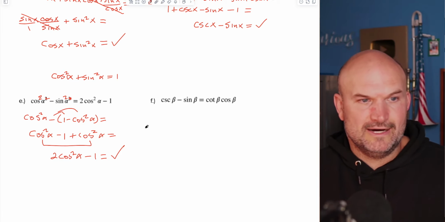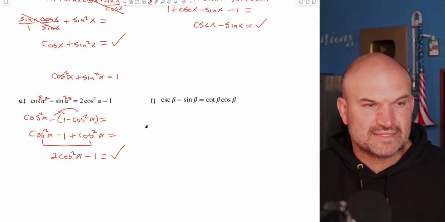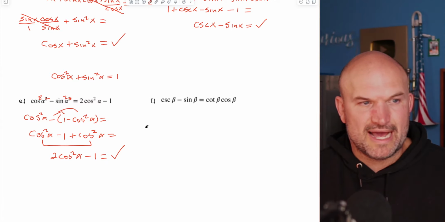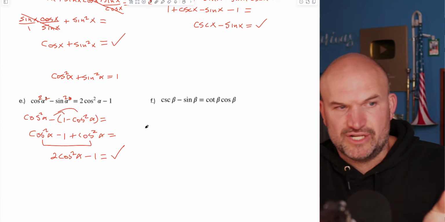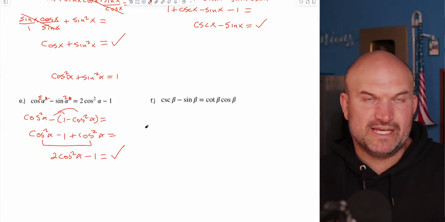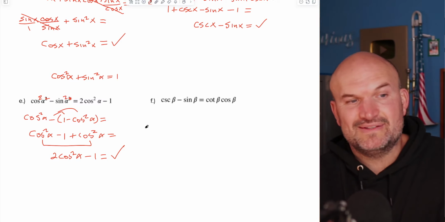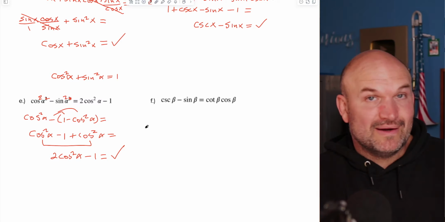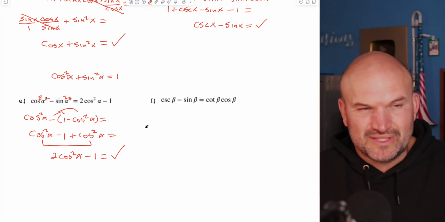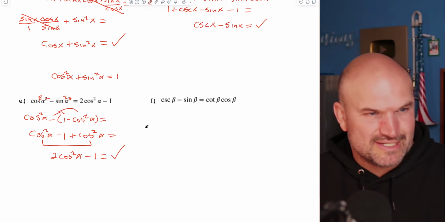All right, the next one. So this one, now we have a subtraction of trigonometric functions and a multiplication. Again, the more difficult side, I would say, is still going to be the left-hand side. Now, again, the left-hand side is not always going to be the side. I believe I have a problem in here where we're going to work on the right-hand side.